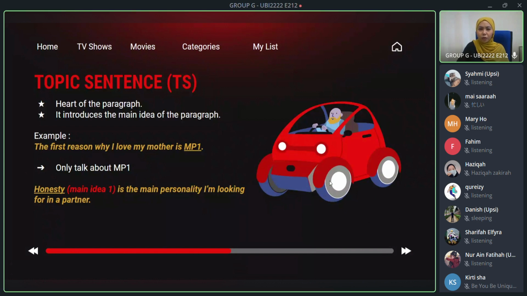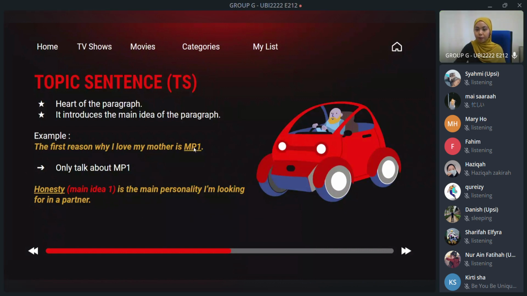I don't know what you're looking for in a partner. That should be the second main idea, and also the third main idea. Whatever it is, you need to introduce it first before you can start describing it or discuss it at length. The description or the first introduction should be the topic sentence.